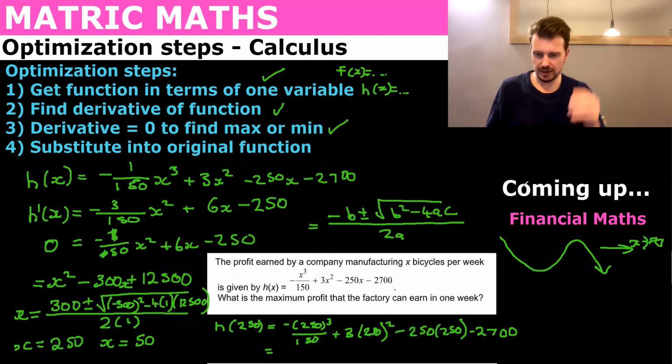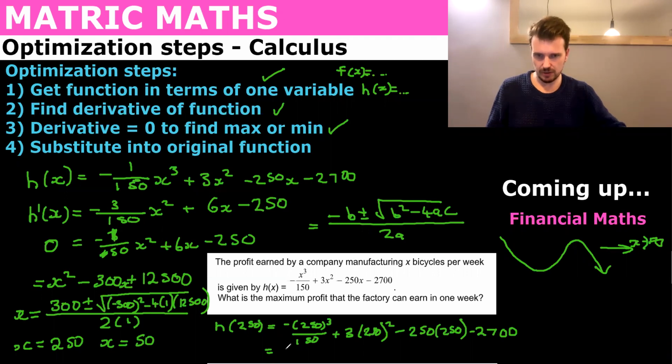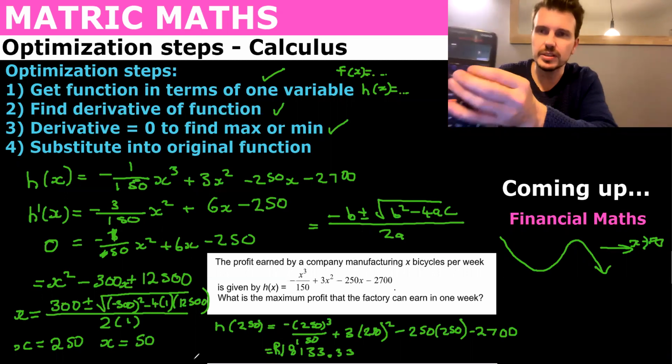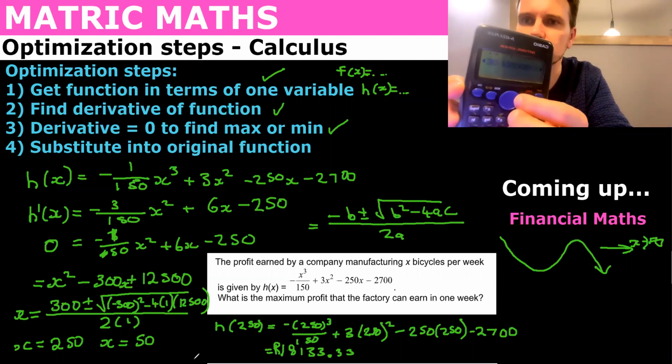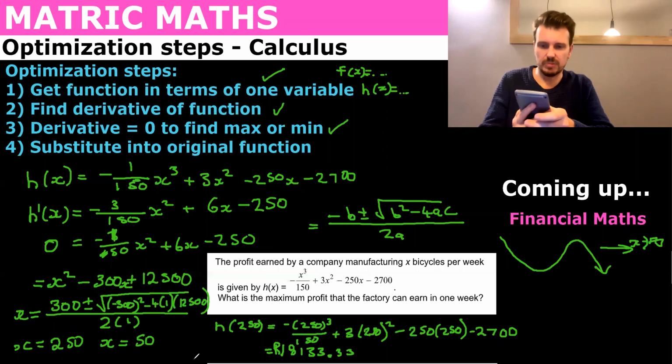And into our calculator, and we get 18,133 Rand and 33 cents. Okay, we don't know that it's in Rand, but we are in South Africa, so let's put a Rand in there. Okay, and then we can try 50. I put the 50 in wherever I had a 250.